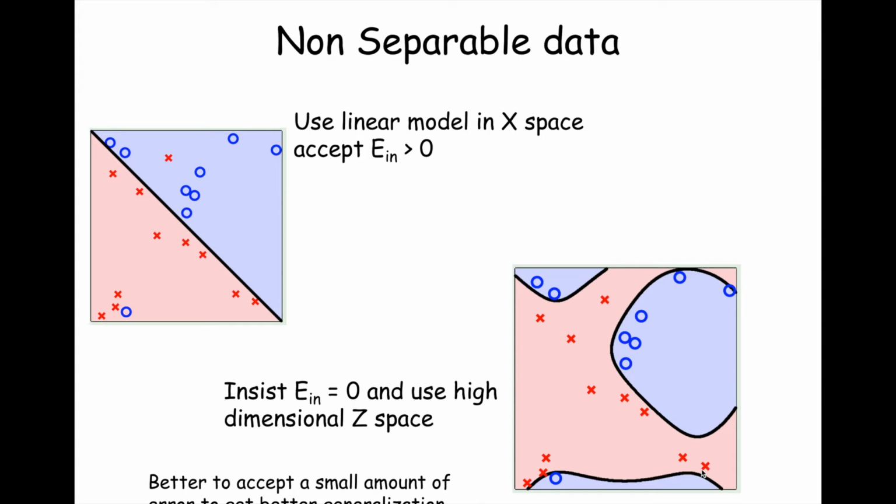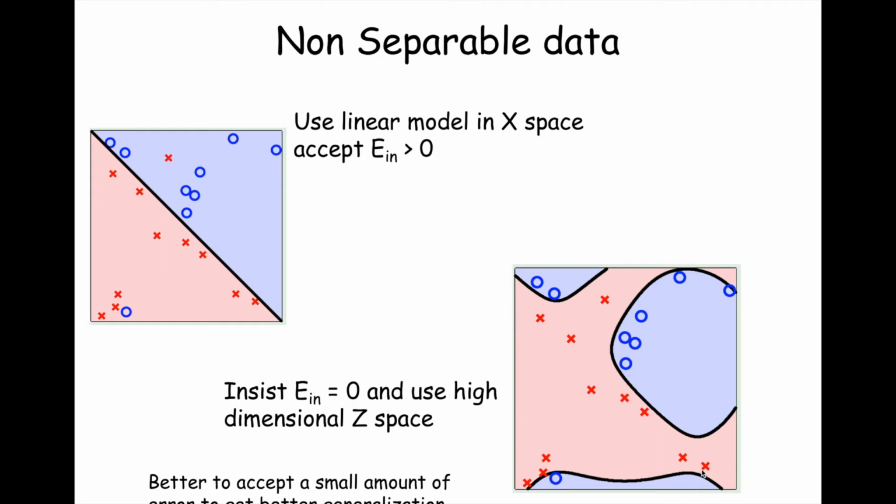But you do have 2 outliers here. You have a red X that ground truth is deep within the blue territory, right? And you also have a blue circle that's deep within the red territory. And so certainly, if you look at the geometry of the data in our original input representation, it's certainly nonlinear, right?